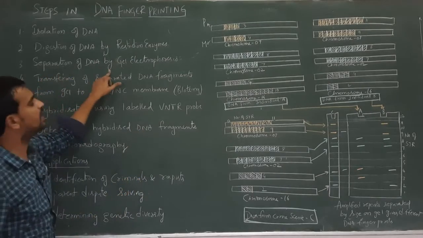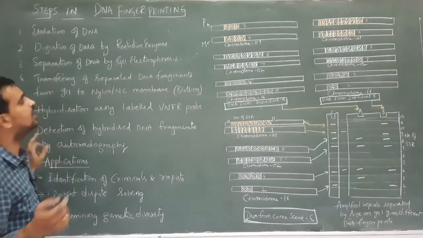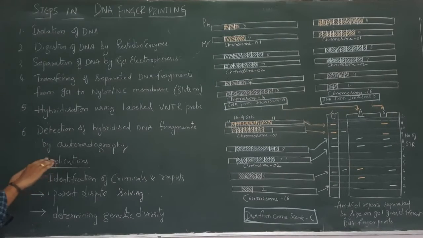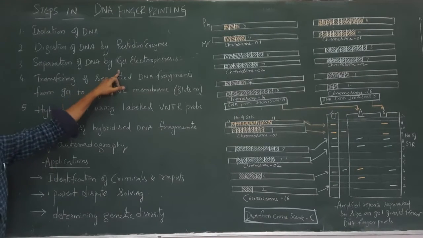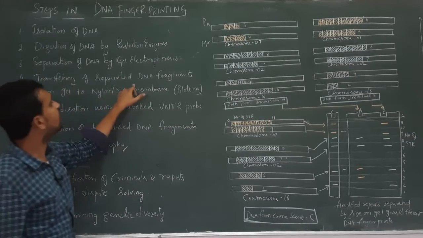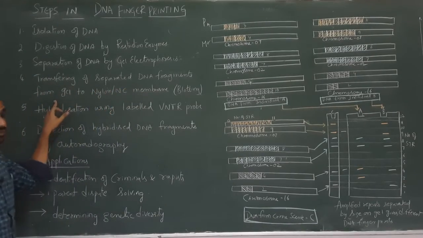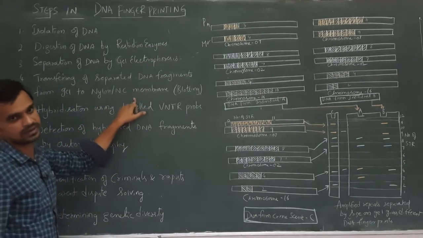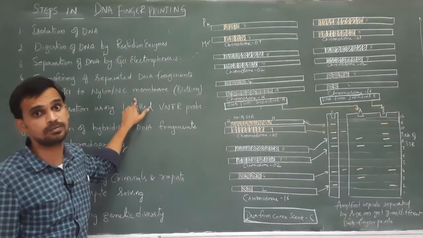Next, separation of DNA by gel electrophoresis. The DNA fragments can be separated by using the gel electrophoresis technique. Next, transferring of separated DNA fragments from the gel to NC membrane, nitrocellulose membrane or nylon membrane. This process is called blotting, Southern blotting.